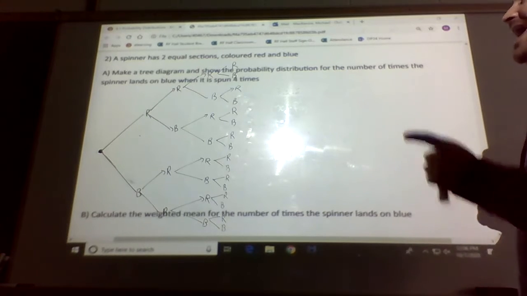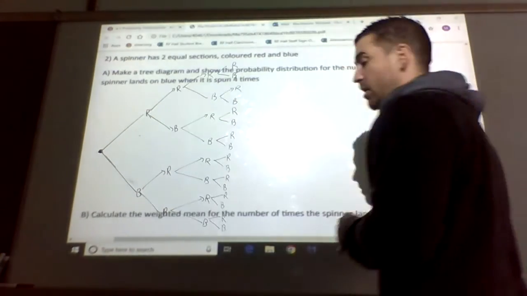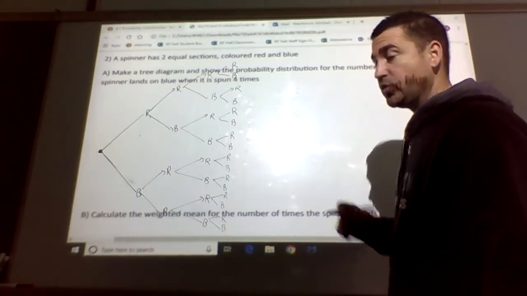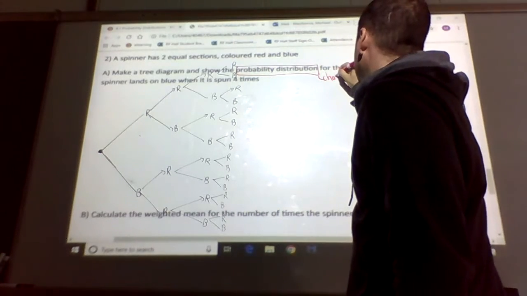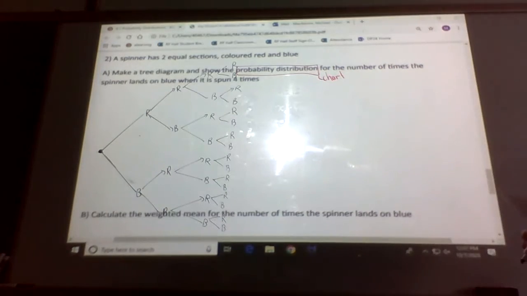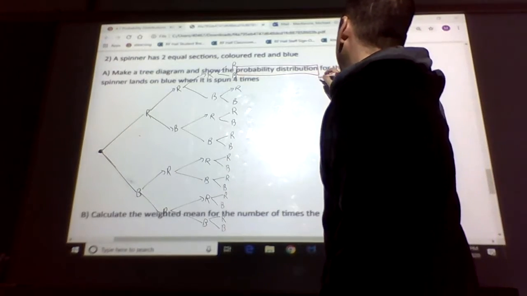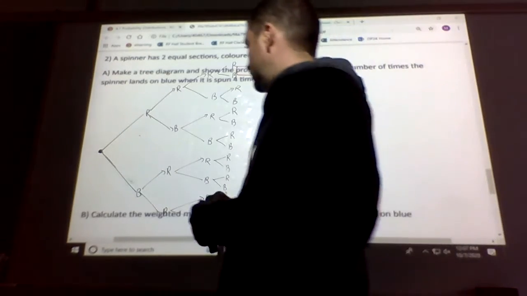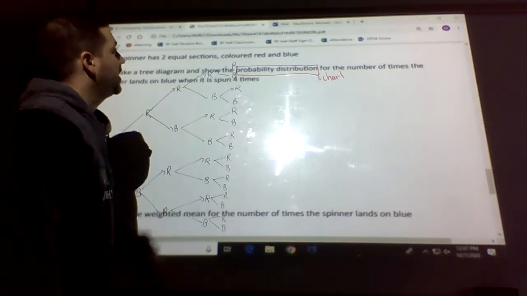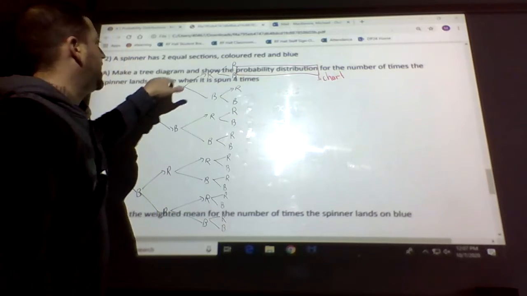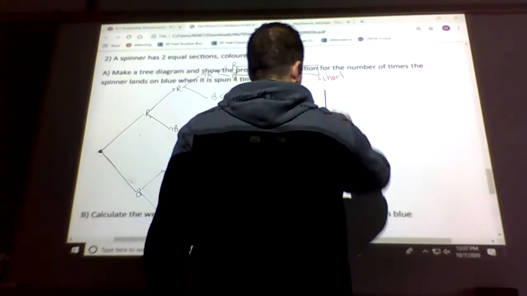So make a tree diagram and show the probability distribution. Whenever you see probability distribution here, you have to make a chart. Always, always, always, it's going to be a chart. The chart represents all the outcomes that we could have, and should include the number of times the spinner lands on blue when it's spun 4 times.